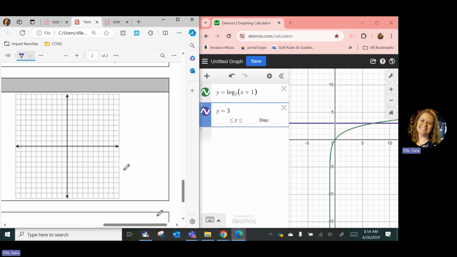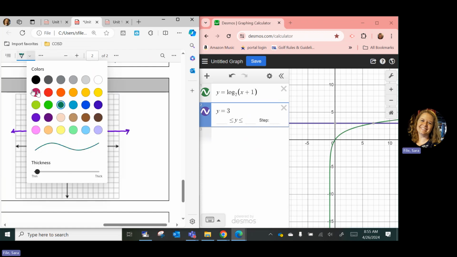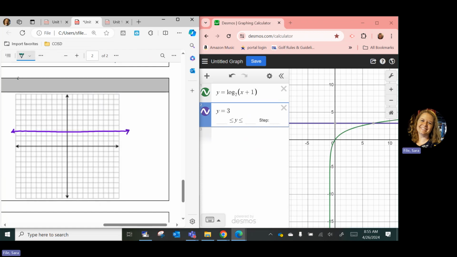So we've got a constant at 3. So just a horizontal line at 3. And the other one looks like it is the log parent function with a base 2 shifted left 1. So we can see our vertical asymptote is at -1. So if you want to draw that as an asymptote, you can. You don't have to draw the asymptote.